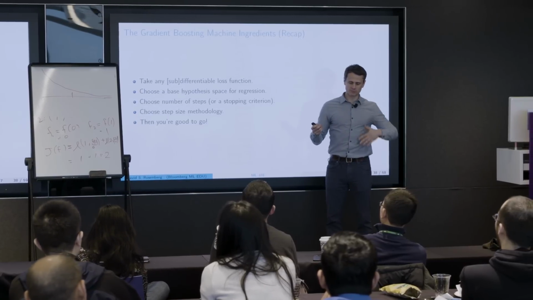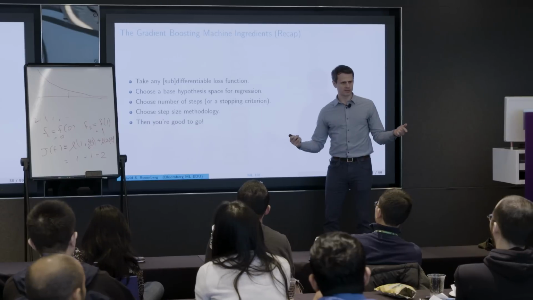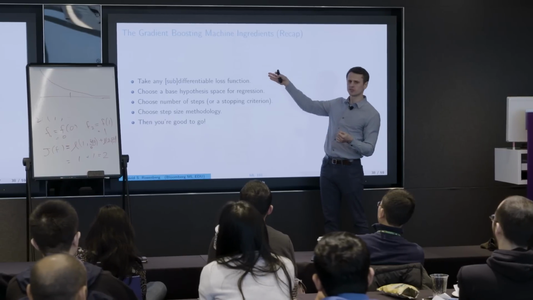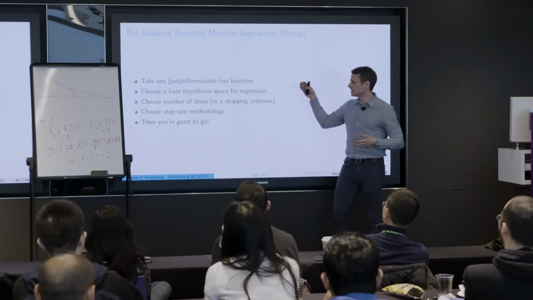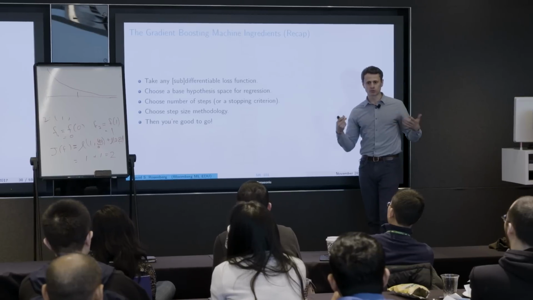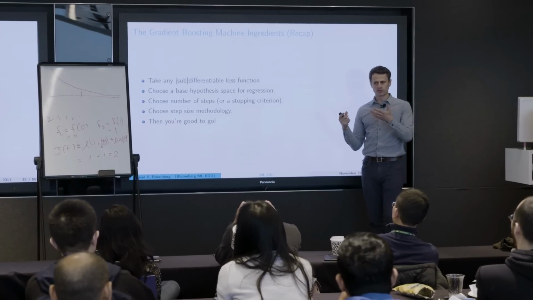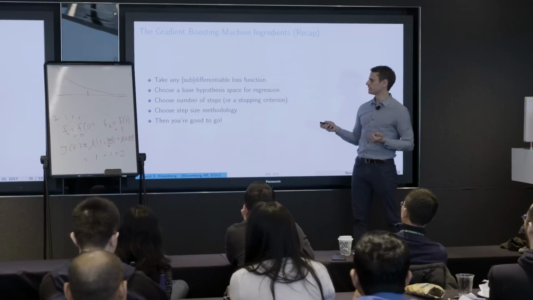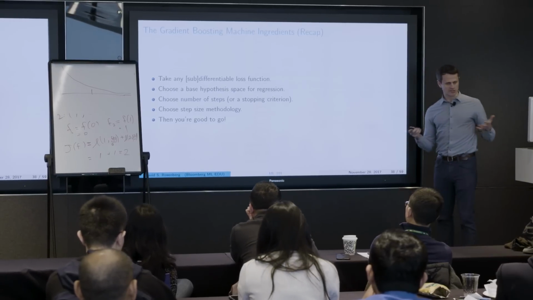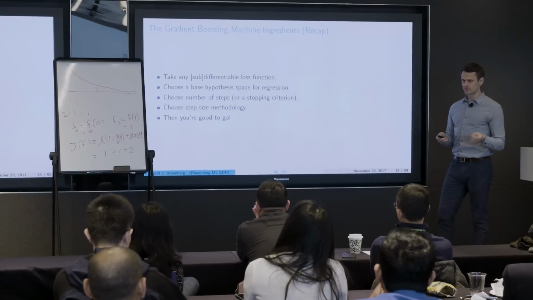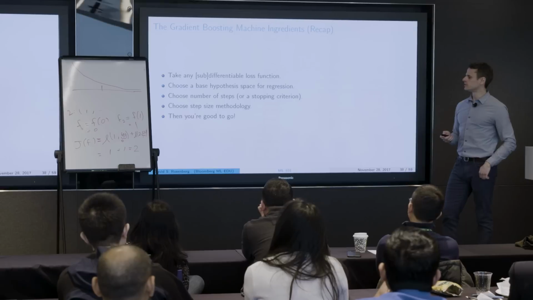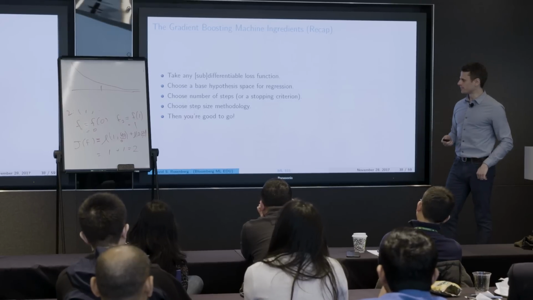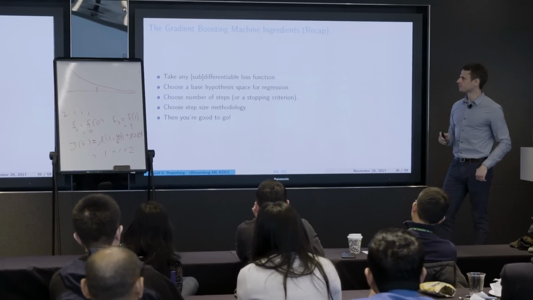Usually we're differentiating with respect to the parameters of our hypothesis space, but all we need is to differentiate it with respect to the predictions. We need a hypothesis space on which we can do regression, because that's how we fit the gradient as best we can. We choose a number of steps or some stopping criterion. And we need a way to choose the step size. So usually just some fraction of the function gets added in each step. And then we're good to go.